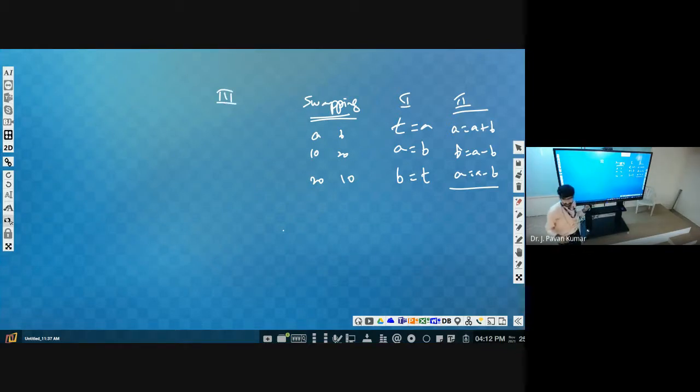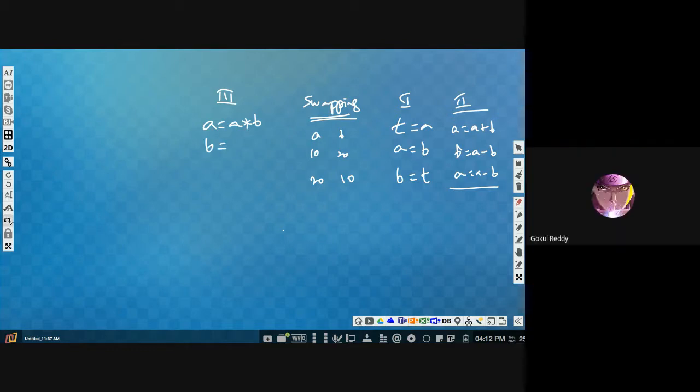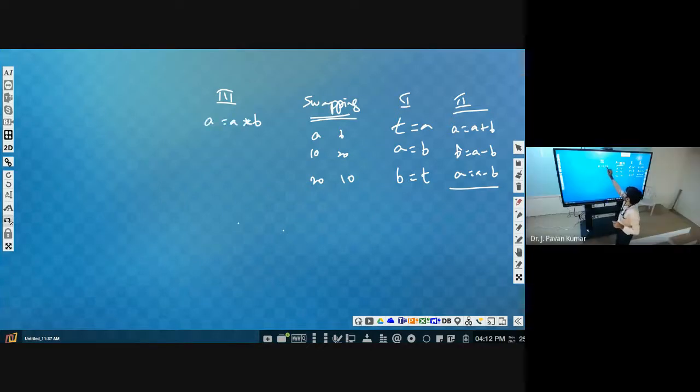We have discussed, I think, A is equal to A multiplied by B. Now 10 into 20, 200. Now we have 200 in A. How can we get B from it? A is equal to A into B, now we have 200.